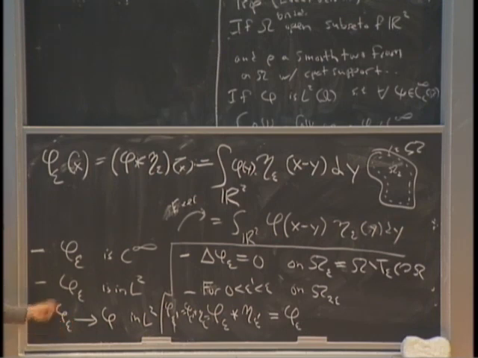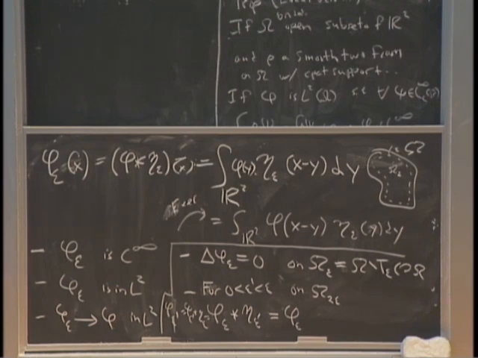But then we don't care about phi on a set of measure zero, so we conclude that actually phi is smooth, right? One has to be careful: phi is smooth on a compact subset of omega, but we can exhaust omega by compact subsets.